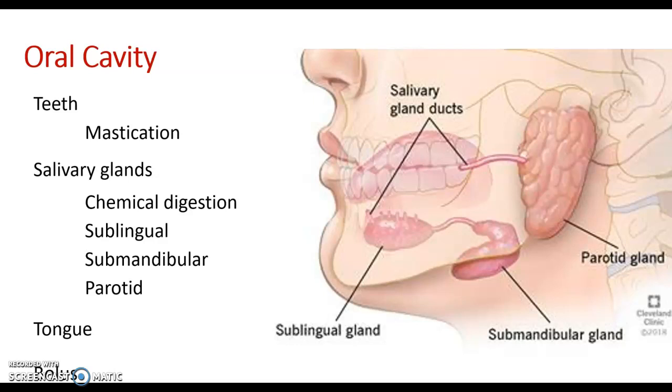And saliva contains an enzyme called salivary amylase, and this breaks down starches into shorter chains of sugars. So while this is our first example of chemical digestion, it's not digesting everything. It's only breaking down starches into smaller sugars.